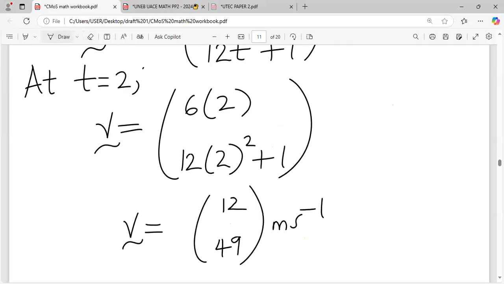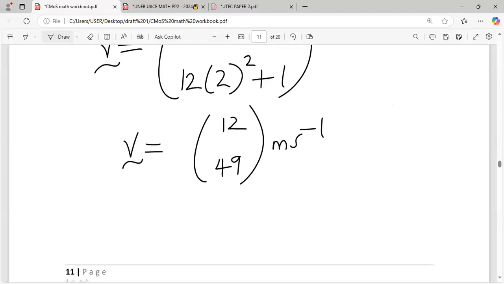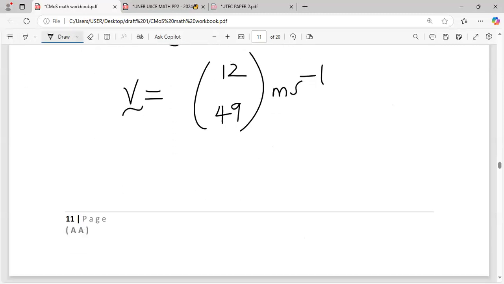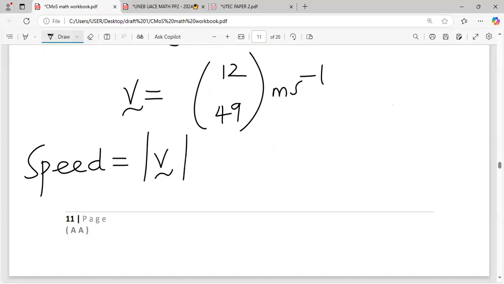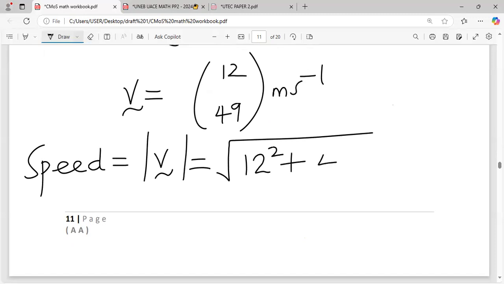So after getting that velocity, my speed, the one you are asking for, is the magnitude of velocity. Don't forget that vector symbol. It being a magnitude of velocity, it is the square root of 12 squared plus 49 squared.